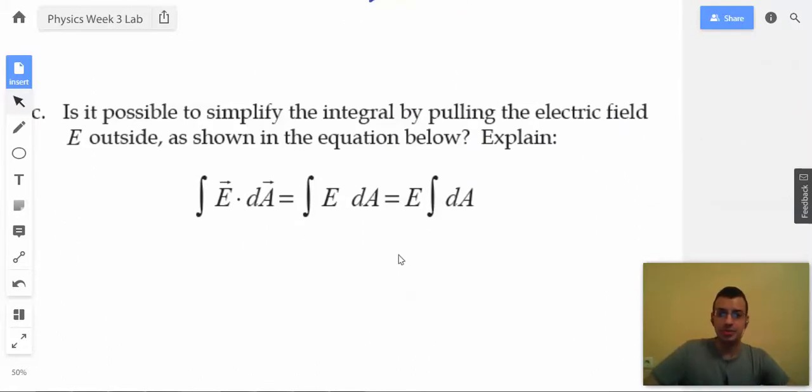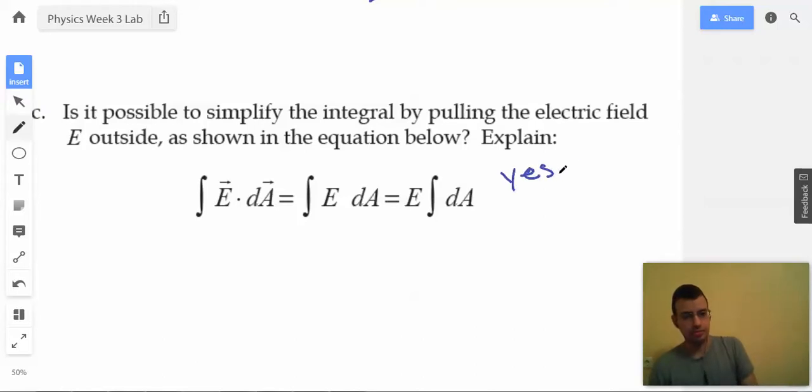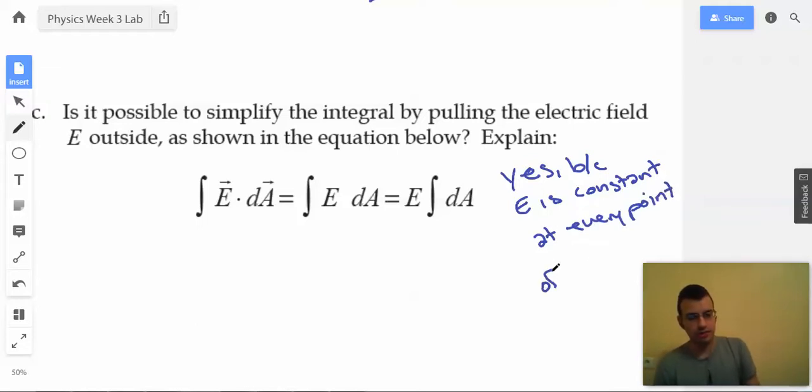Is it possible to simplify the integral by pulling the electric field E outside as shown in the equation below? Yes, because E is constant at every point of dA. When you're talking about the surface of the sphere, the electric field at that radius is going to be constant.